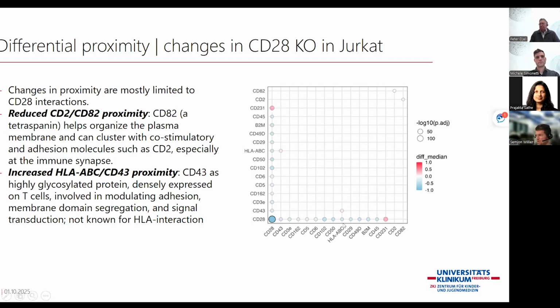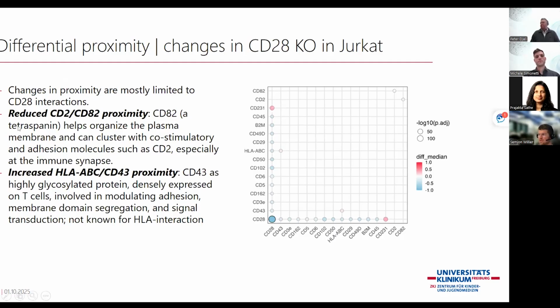However, there are two interactions that are altered, which is the reduced proximity of CD2 and CD82, and the increased HLA-ABC CD43 proximity, which might be interesting and shed some light onto what happens on the cell surface once CD28 has been lost. In particular, CD82 helps to organize the plasma membrane and can cluster with co-stimulatory and adhesion molecules such as CD2.